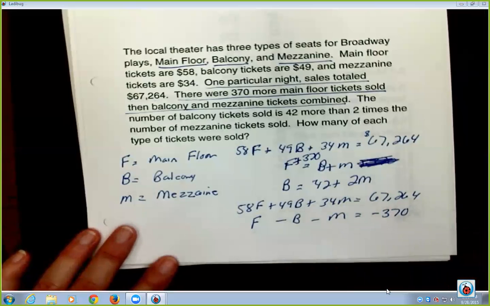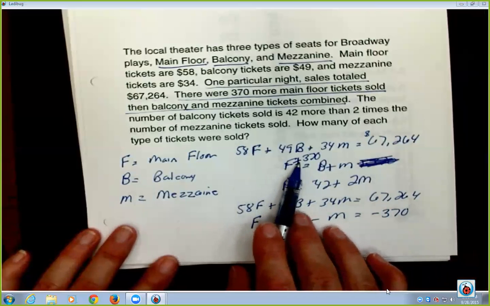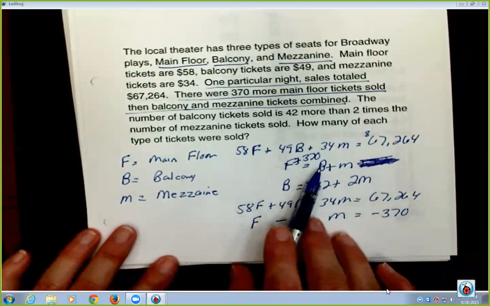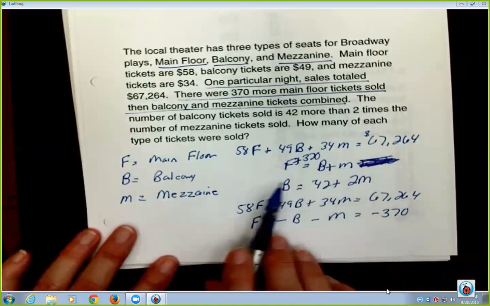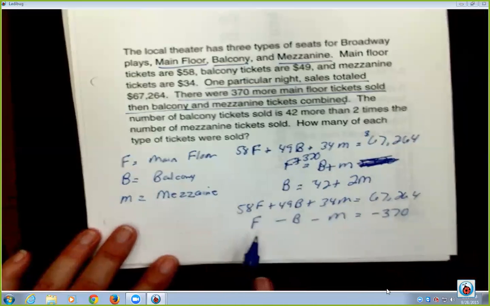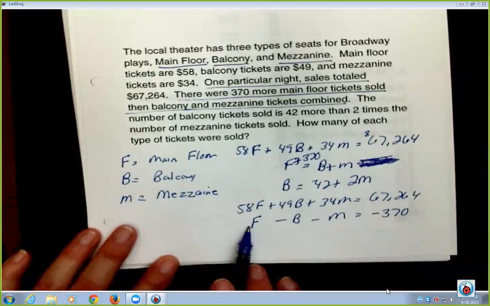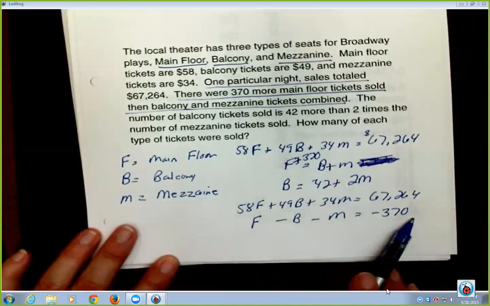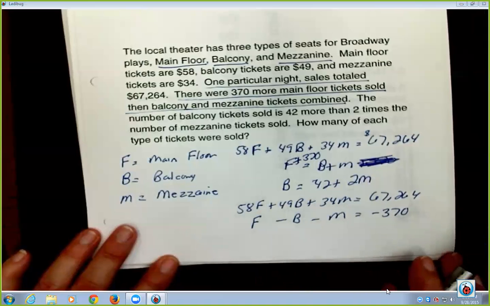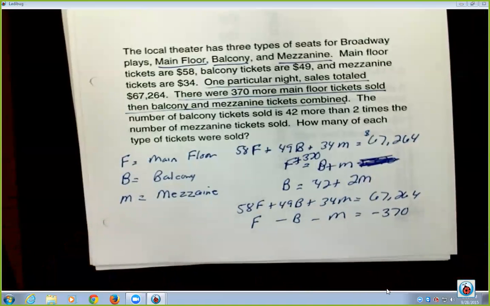Either way, it would be the same, regardless of which way you move stuff. Because it's F plus 370 is equal to the balcony plus the mezzanine. If I leave the main floor over here and I move the balcony back over and I move that over, I have to move the 370 back over. Either way, it works.